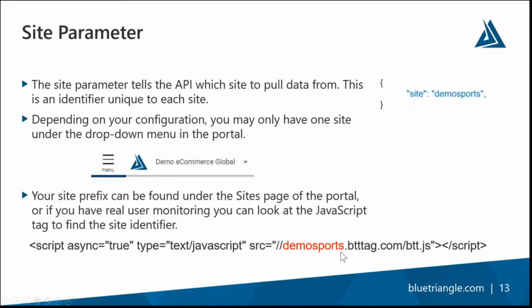We call it the prefix because it's the host name to btttag.com/btt.js, and you can find that prefix under the sites page in Blue Triangle. If you have any more questions about finding that for your own site, or if you have different sites and need to find the right site name for each, just let us know. Again, if you have multiple sites, this will be different for each of your sites.